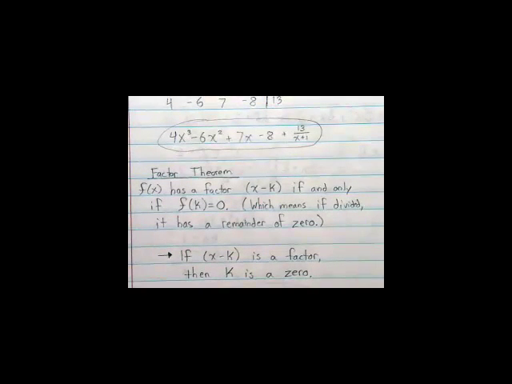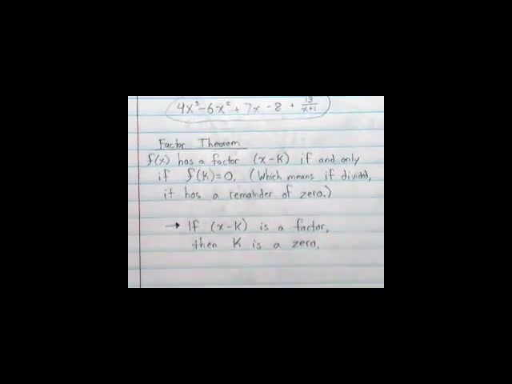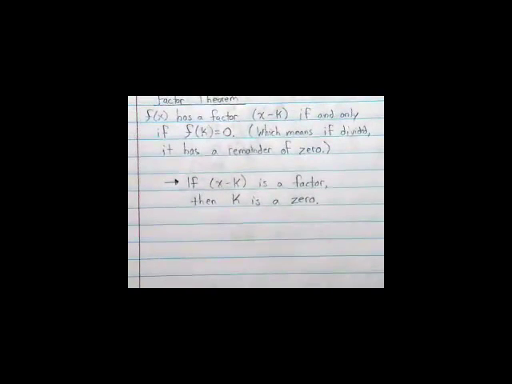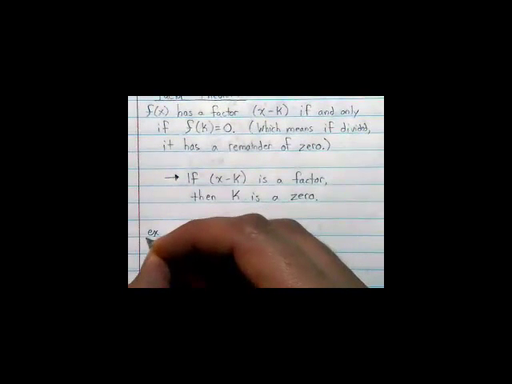Now there are other words that we use for 0 like solution, x-intercept, all that stuff. Okay, we're going to call them zeros for now. But if x minus k is a factor, then k is a 0. Okay, so let's use that idea and see if we can figure out how we can use synthetic division to answer the following question.